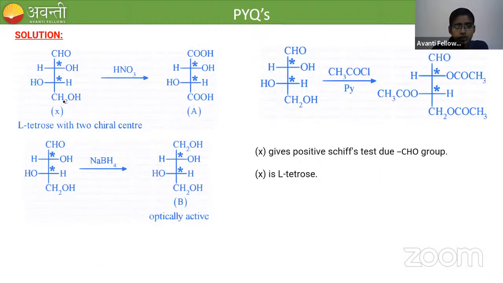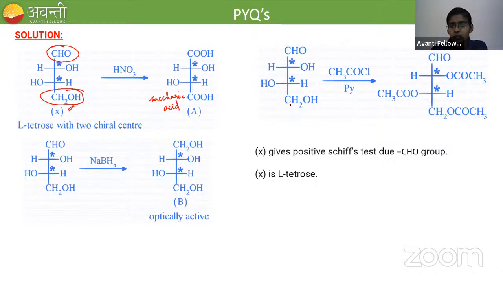If D is given here, and it reacts with HNO3 and undergoes oxidation, both the aldehyde group and the primary alcohol group will get oxidized, which is called saccharic acid.